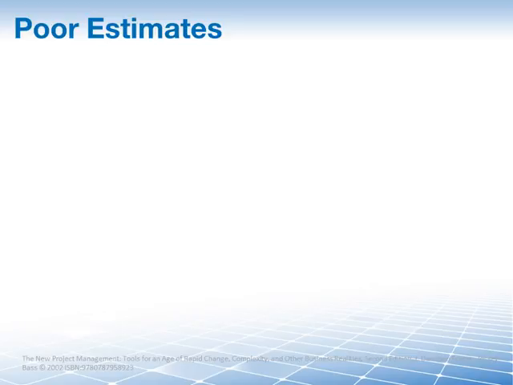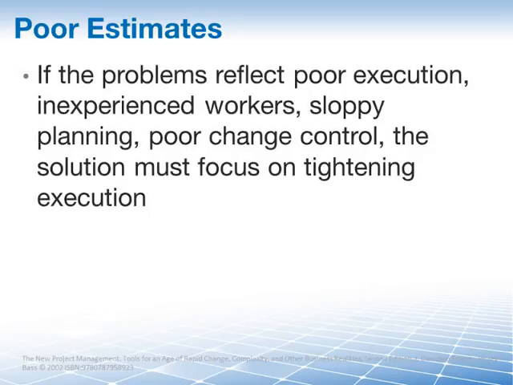Is it an instance of poor execution or perhaps unrealistic estimates at the outset? If the problem reflects poor execution, inexperienced workers, sloppy planning, poor change control, then our solution must focus on tightening execution.